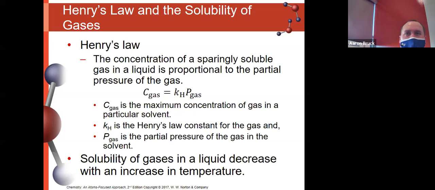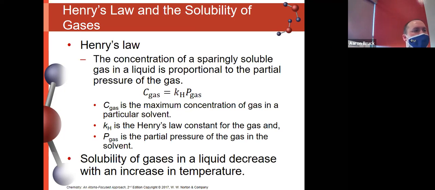The colder the liquid is, the more likely that gases will be able to dissolve in it. And this is kind of backwards from a lot of our thinking. We tend to think of high temperature, high solubility. But in the case of gases, high temperature actually creates a problem, because the high kinetic energy that already exists inside of gas molecules gets exacerbated by the high kinetic energy of the water molecules, and it makes it much easier for the gas molecules to escape.